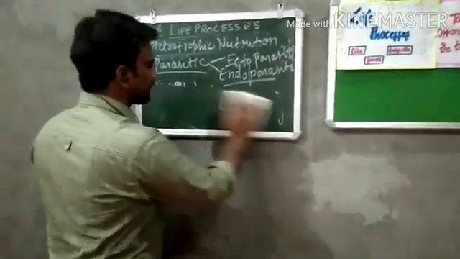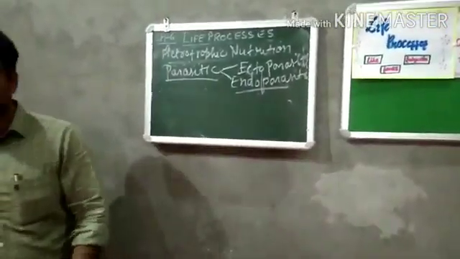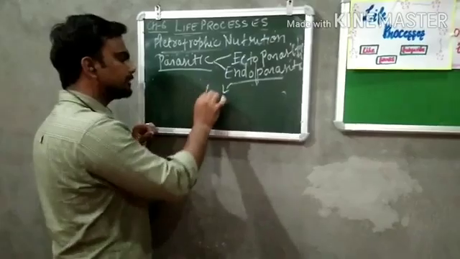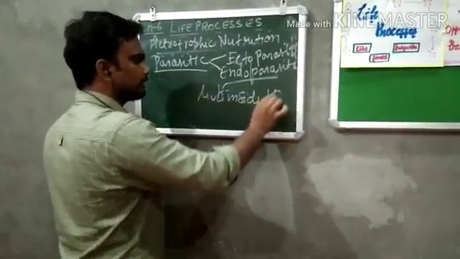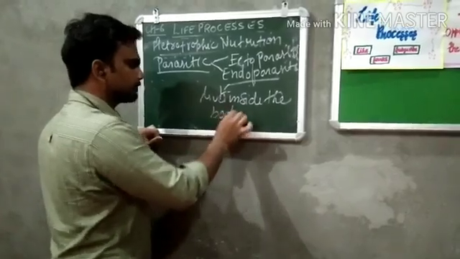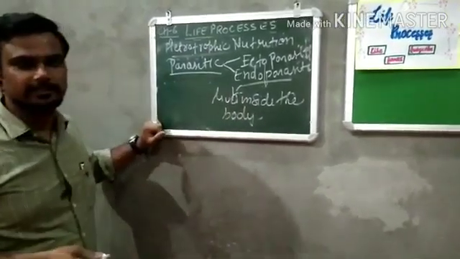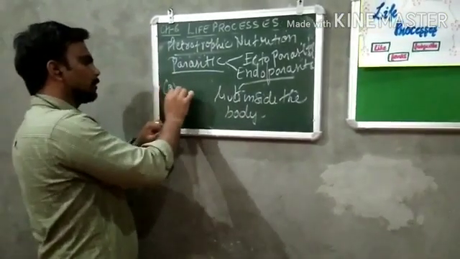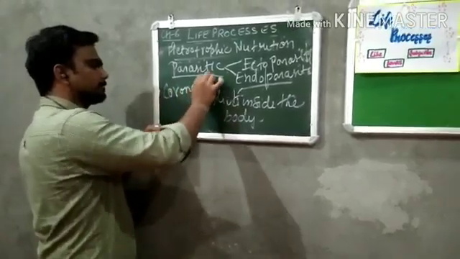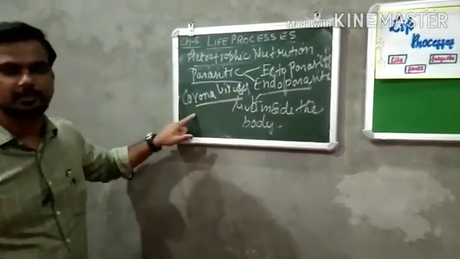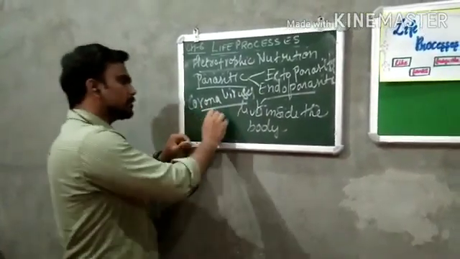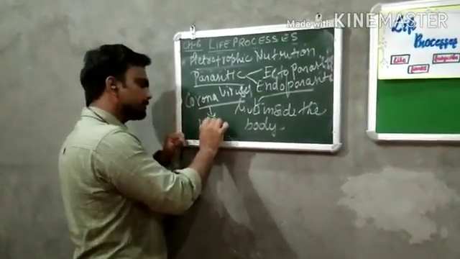Endoparasites are organisms which live inside the body, like the coronavirus we are seeing today. You can say that this is an organism which lives in the human body.